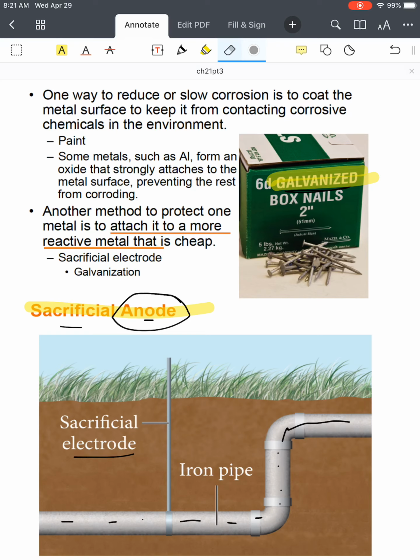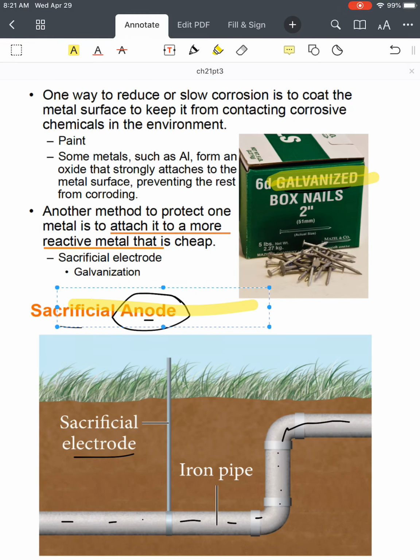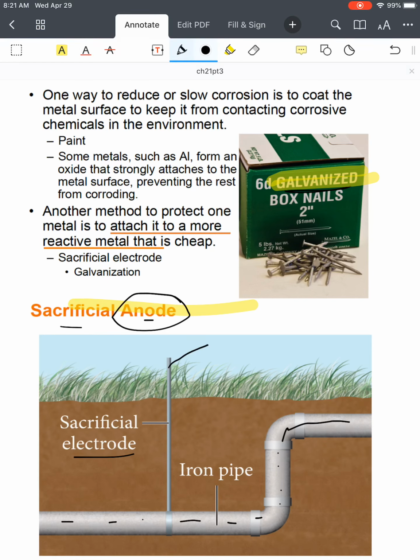So how does this work, this sacrificial electrode? It doesn't make sense that just putting another metal on our iron would protect the iron, right? But in fact, it can, if certain conditions are met. And the major condition is that this sacrificial anode must be easier to oxidize than iron.